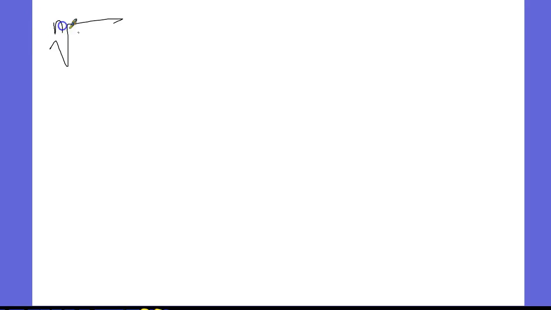It says on your paper, the nth root of a over b is equivalent to the nth root of a over the nth root of b.